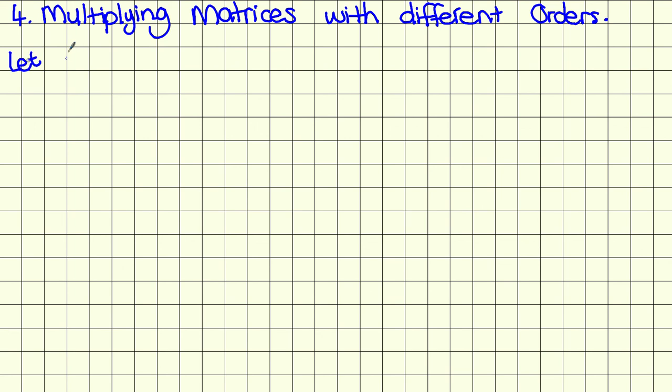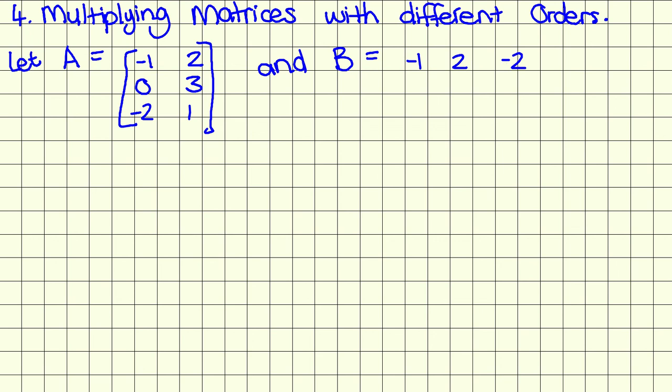Okay, so let the matrix A equal to, so we're going to have a 3 by 2, so minus 1, 2, 0, 3, minus 2, 1. And B is going to be equal to, so we're going to have a 2 by 3 here. So on the first row, minus 1, 2, minus 2, then 3, 1, 0 on the bottom.